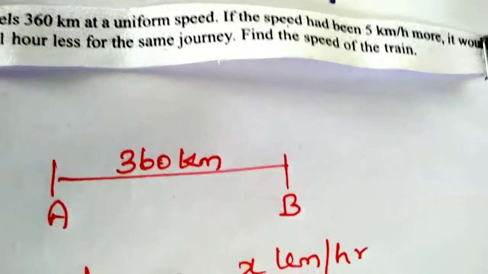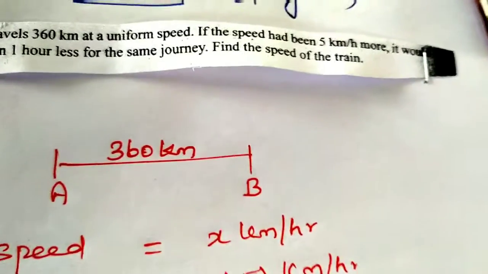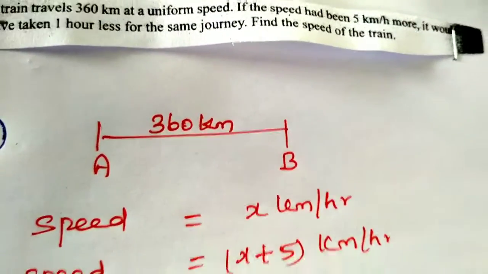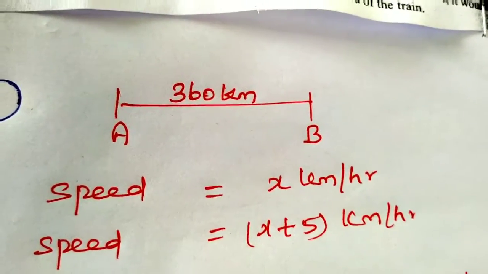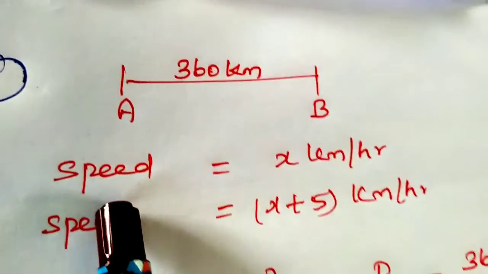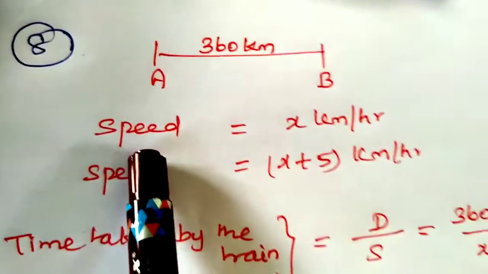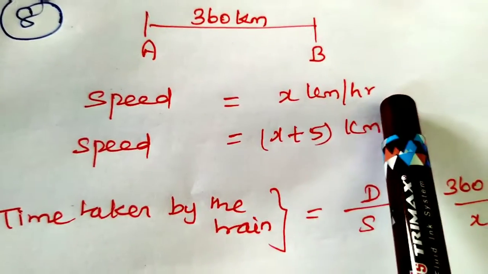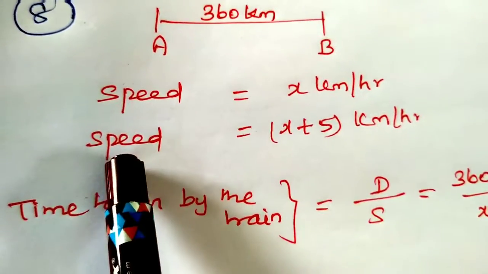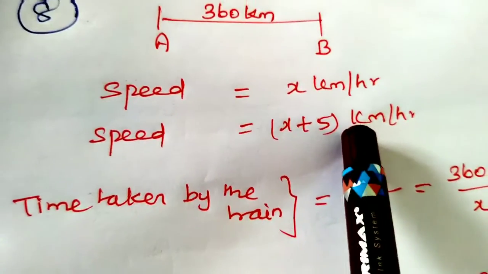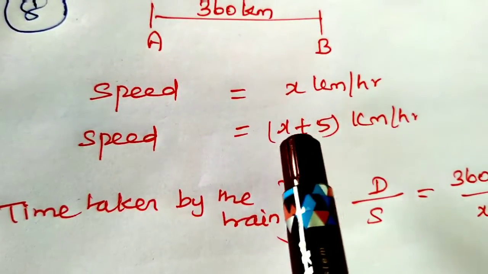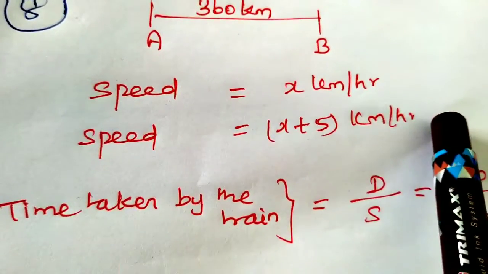For this statement, we have to frame a quadratic equation. As I don't know the speed, let us consider speed is equal to x kilometer per hour. When the speed increases by 5 kilometer, I can say x plus 5 kilometer per hour.